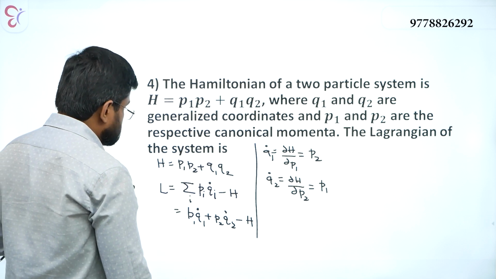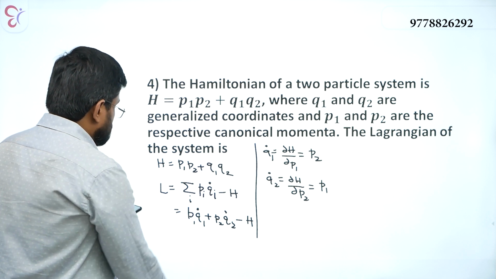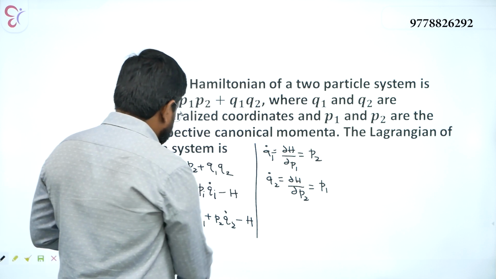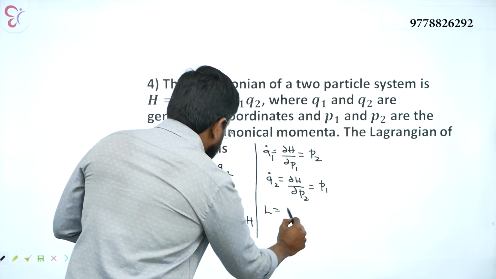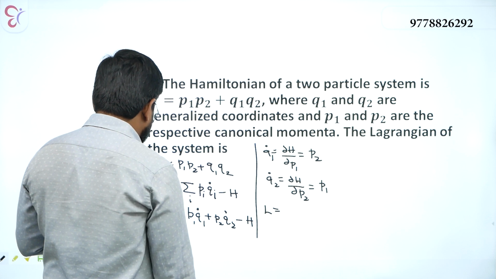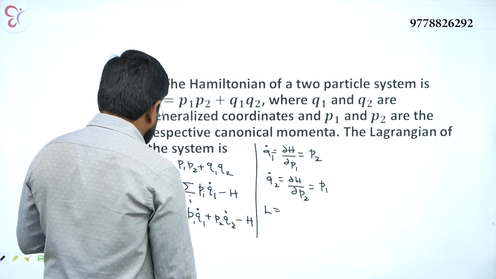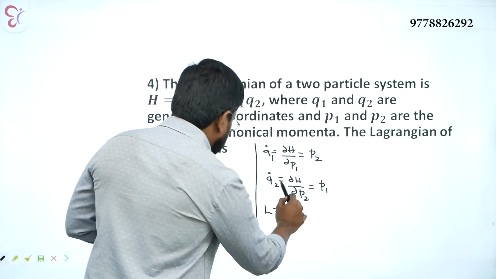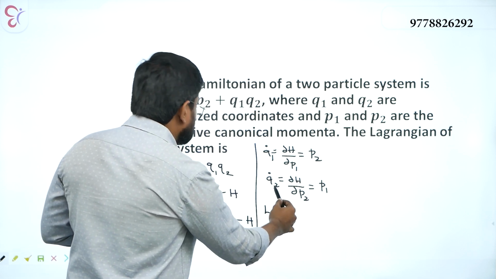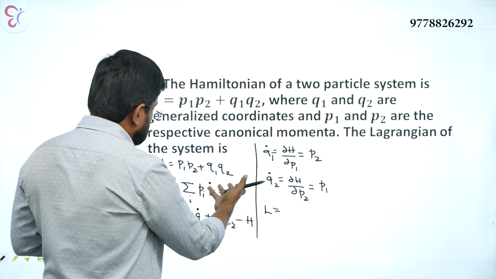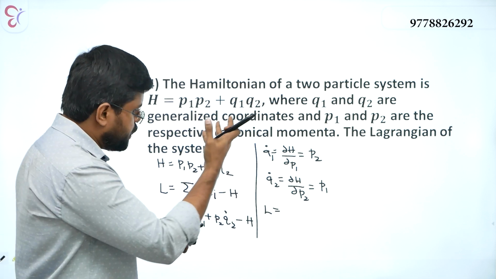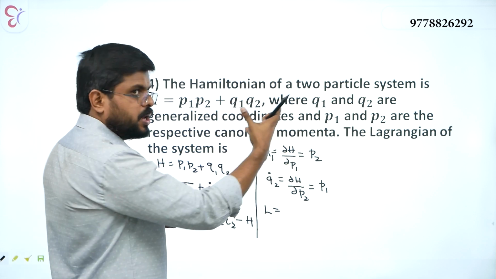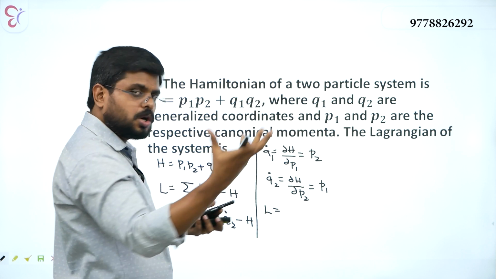Then just substitute it. So the Lagrangian L is equal to, just substitute. What is P1? You can find it in whichever terms by seeing the options. Okay, I am doing it in my way, so you can do it by seeing the options.